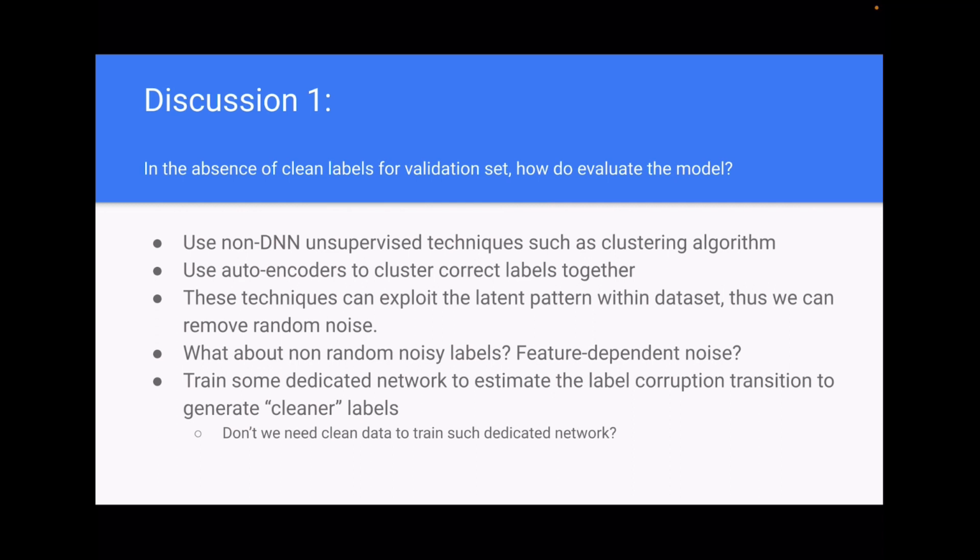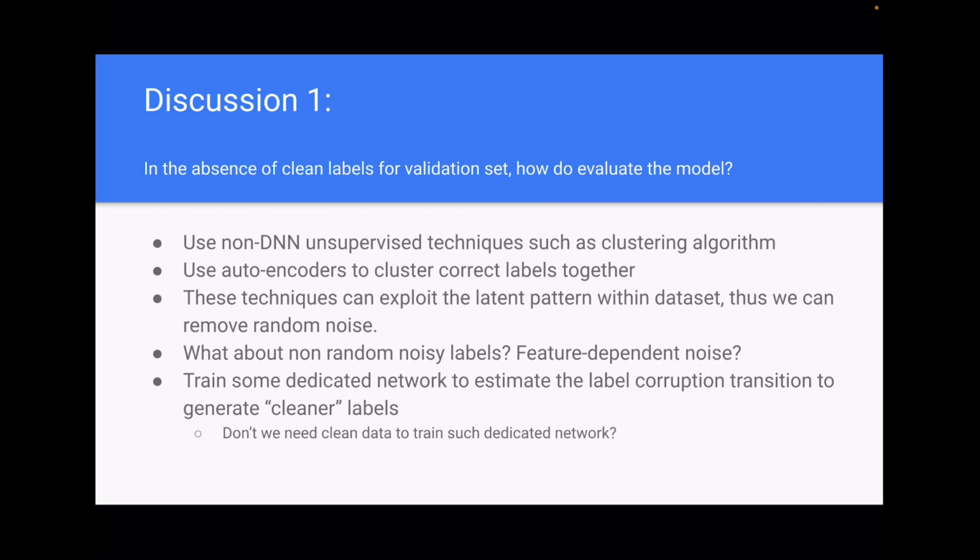Then one member brought up the topic, what if the noisy labels are not random? What if there is some dependency between features and noisy label? This is an example of a complex noise which was addressed by the survey.